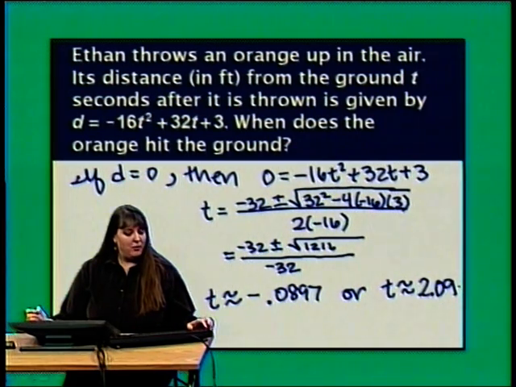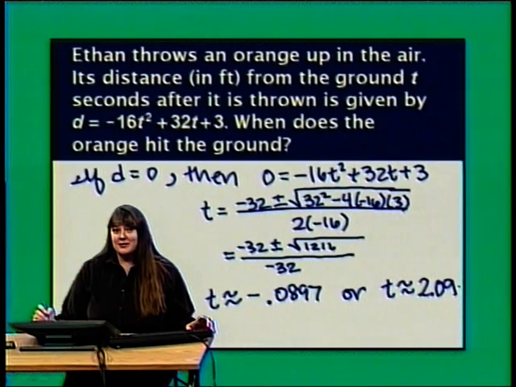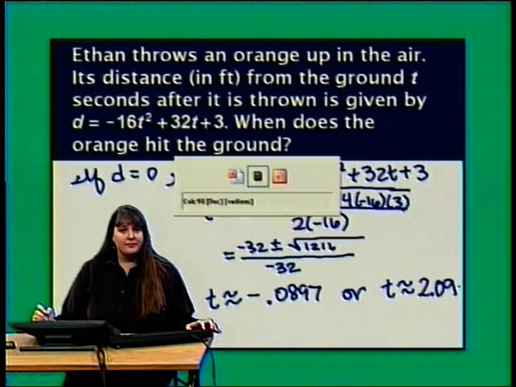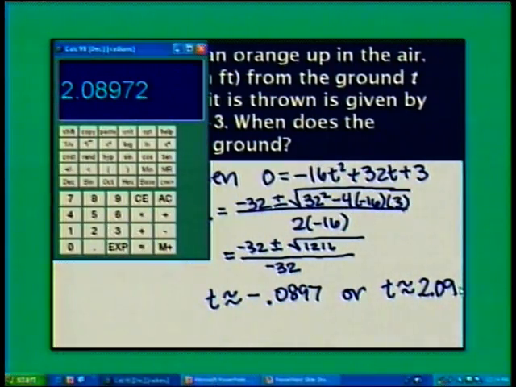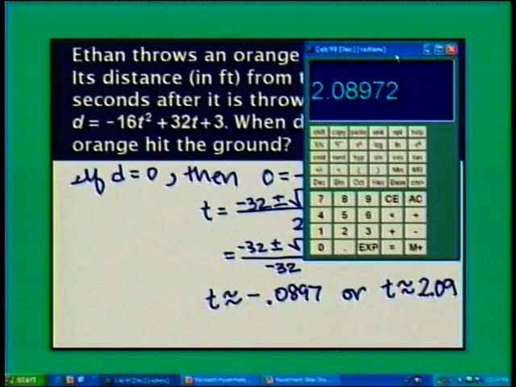And I'm going to pull out my calculator one more time to make sure that this actually fits the problem. So if t is about 2.09, what's d going to be?